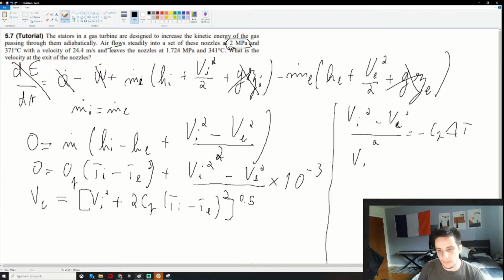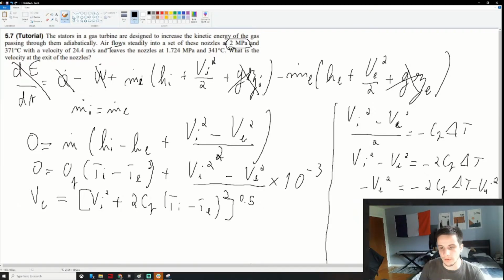So vi squared minus ve squared is equal to minus 2 cp delta t, and then minus ve squared is equal to minus 2 cp delta t minus vi squared.